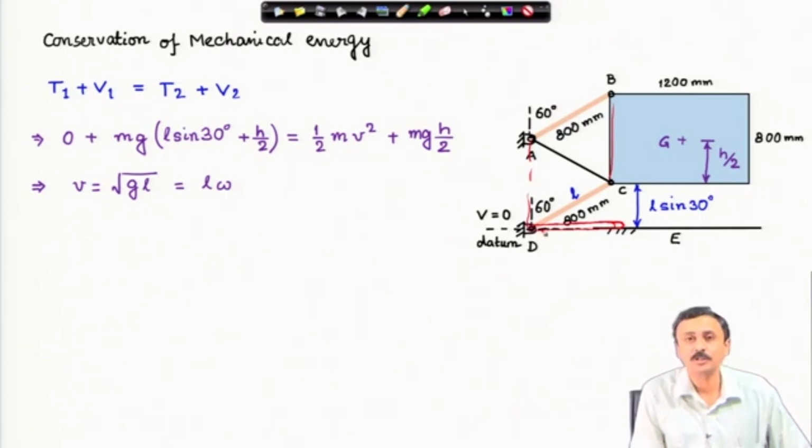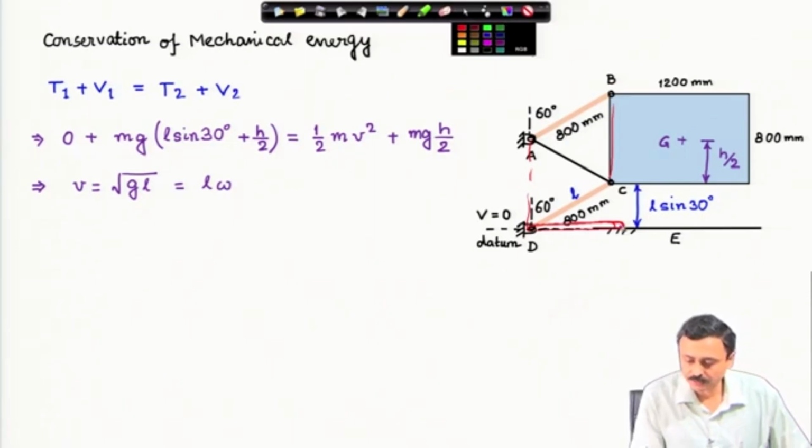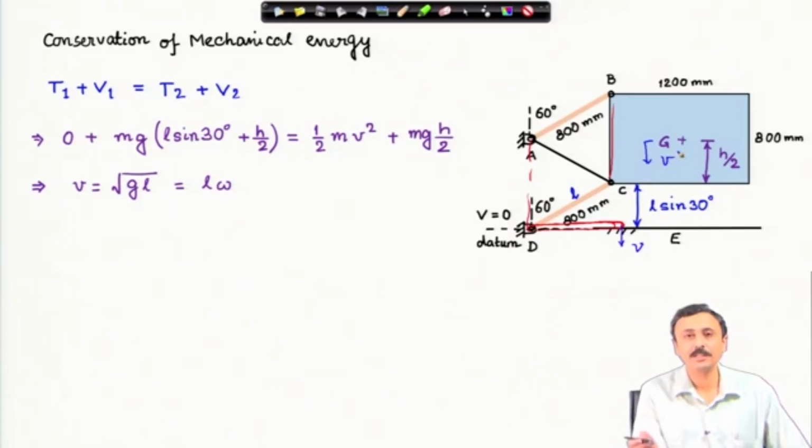This member has become horizontal, and the velocity that we have at this point, which we indicate by v, is the same as the velocity of the center of mass. Why? Because the body is not in rotation, there is only translation. In a translating body, every point moves with the same velocity.